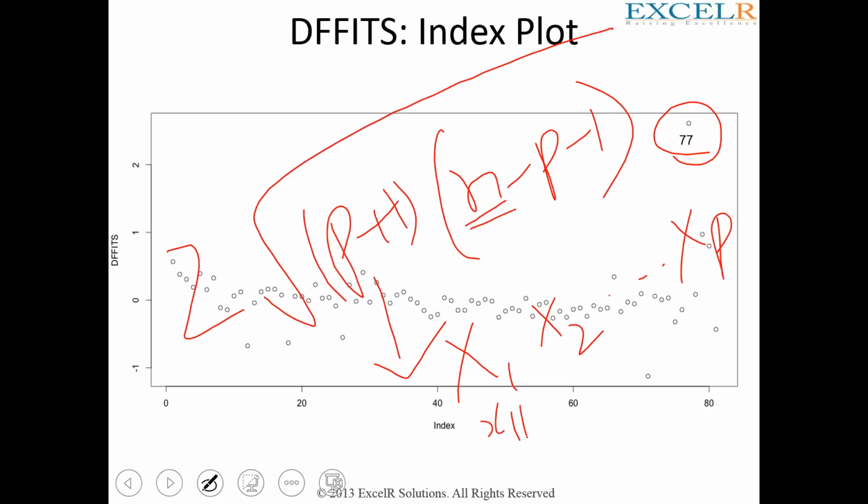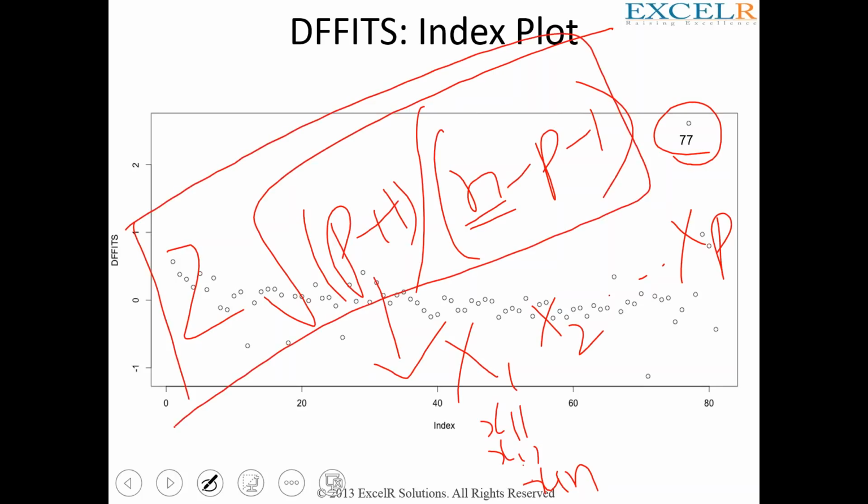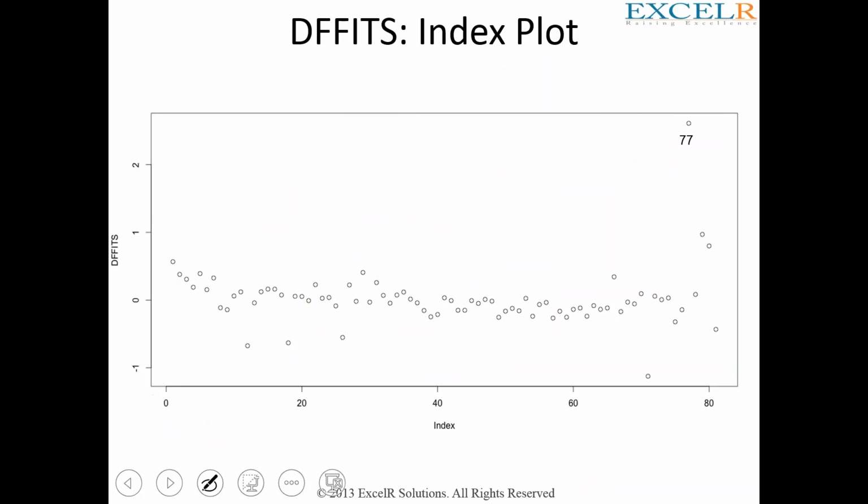Anyway, do not worry about this; no one is going to stick to it. So if your DFFITS value is greater than this value, you call that an influential data point. But that is just a thumb rule. No one will stick to that.